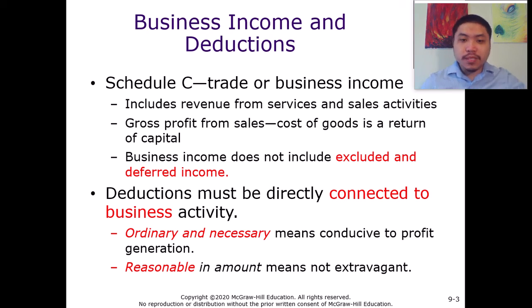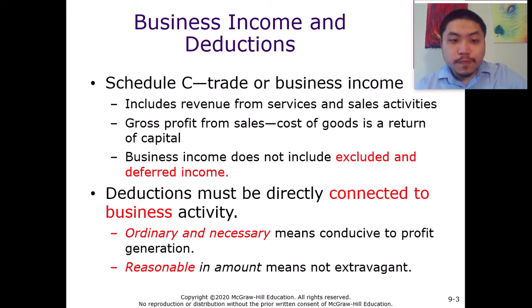So that's why the IRS is really trying to scrutinize this part of the business expense, right? But in general, a deduction for business expense has to be directly connected to the business, right? It cannot have some personal activities related to it.